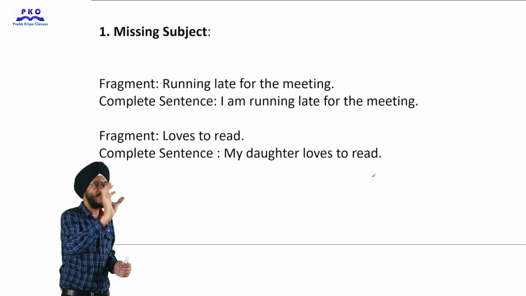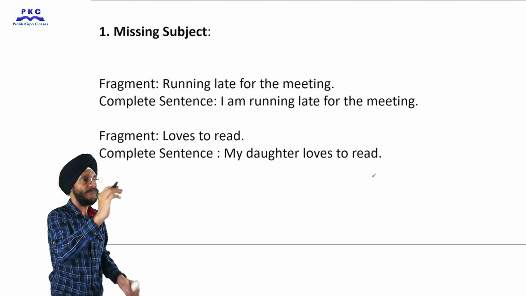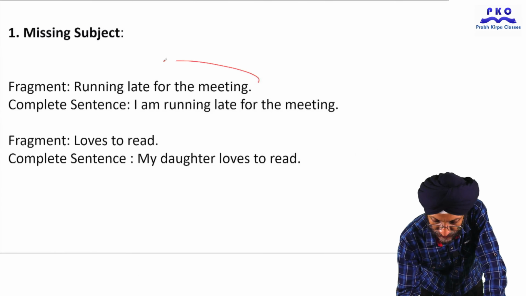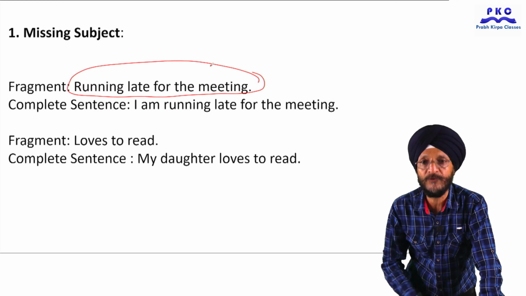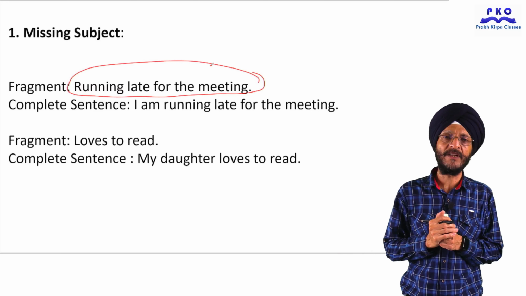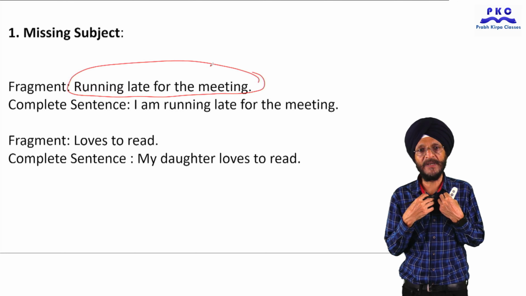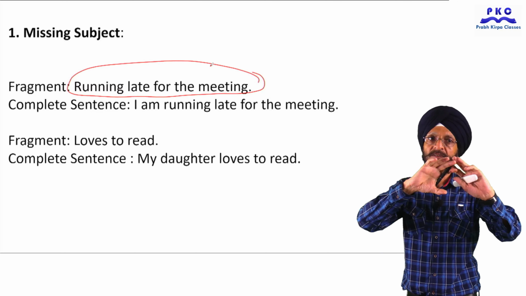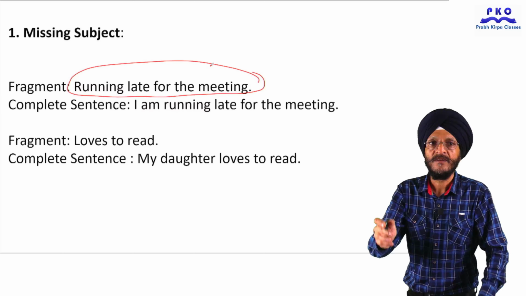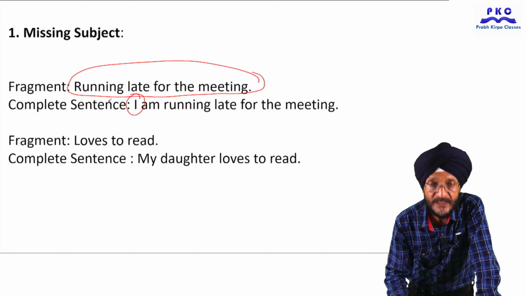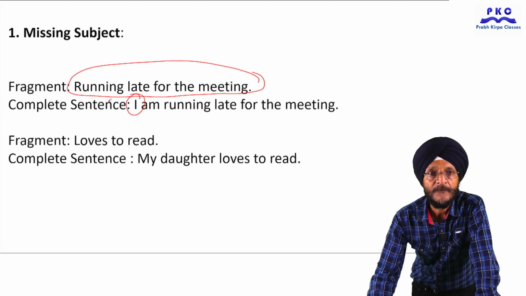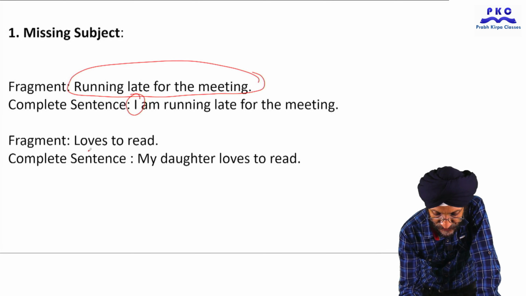First is missing subject. Suppose we have written "running late for the meeting." Who is running late for the meeting? The subject is missing. If we say "I am running late for the meeting" or "she is running late for the meeting," then okay. Here the subject is missing: "loves to read."